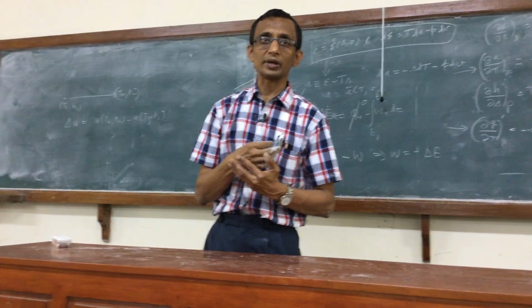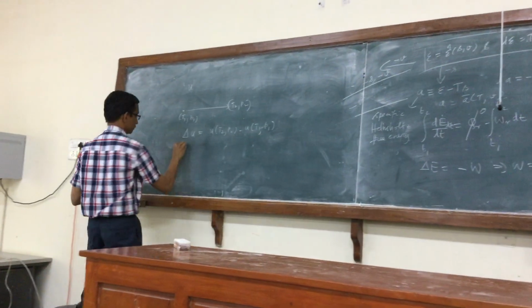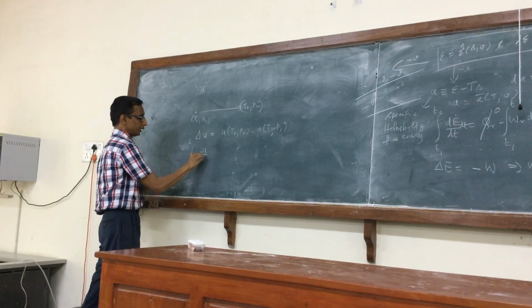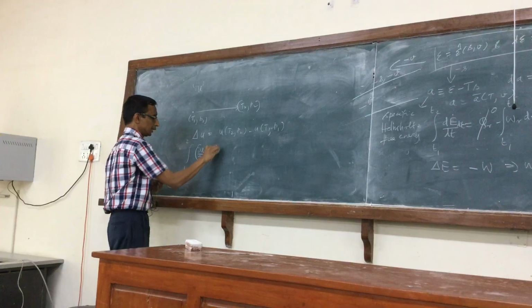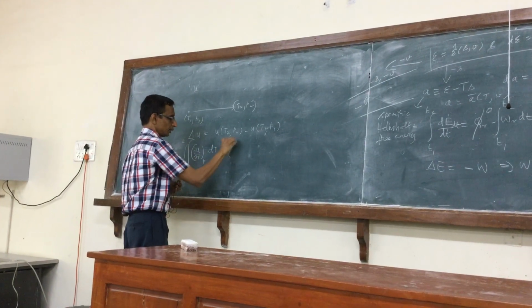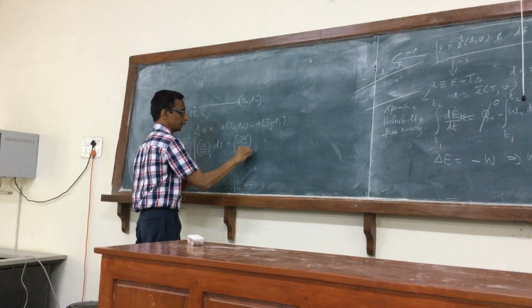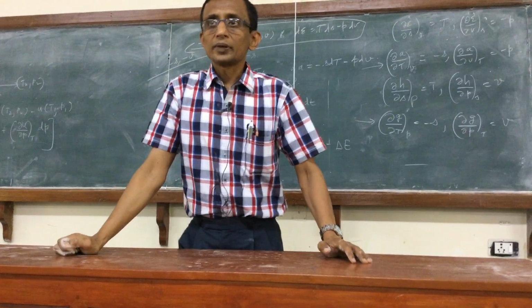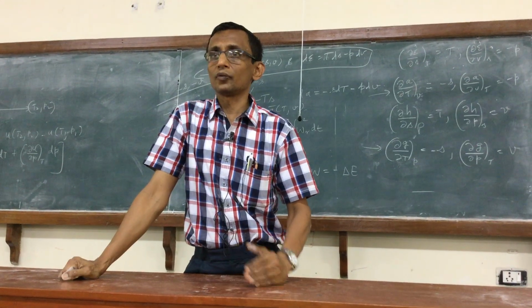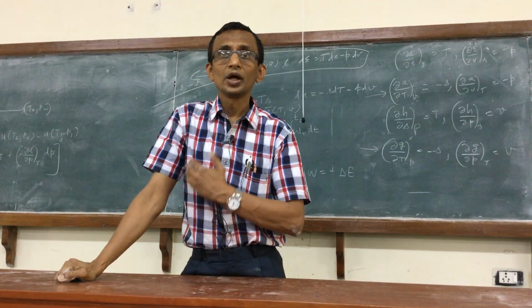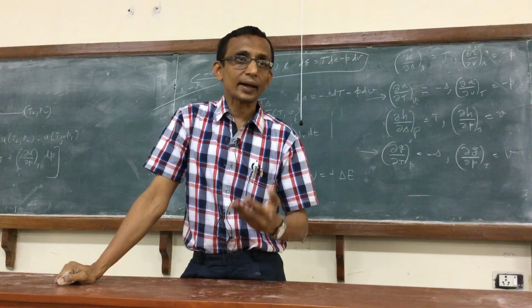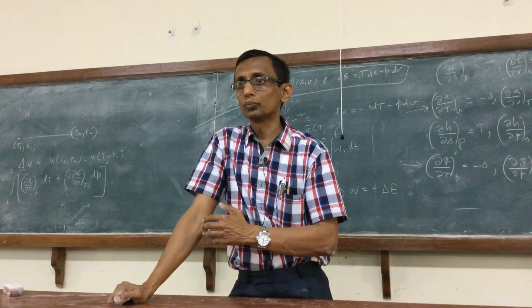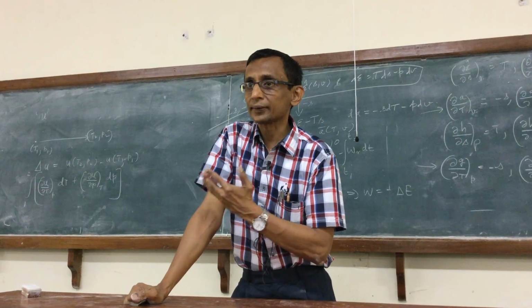To calculate the difference, I will integrate from point 1 to point 2, dU/dT at constant P dT plus dU/dP at constant T dP, because U is a function of two variables. So if we want to calculate the difference in a function, I can choose any path. That is a convenience I have. Using any path between states 1 and 2, we will see what are the best paths to choose.